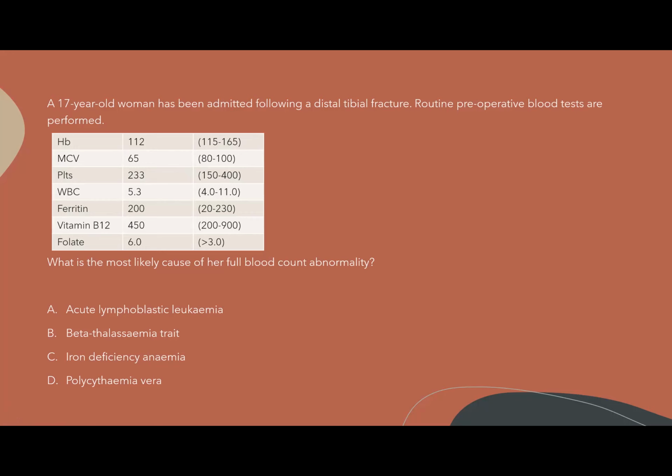Once we show the answers, I'll tell you a little bit more about why it's the right answer. So, what was the most likely cause of her full blood count abnormality?